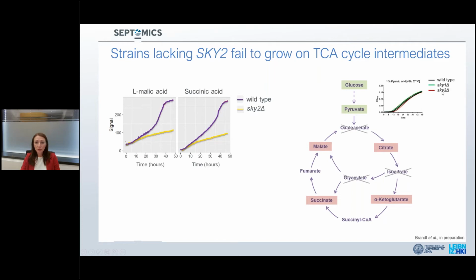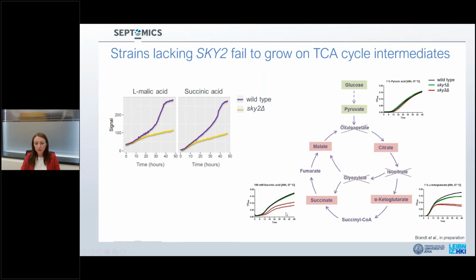For example, SCY1, and in comparison the SCY2 mutant strains, could grow normally on pyruvate and glucose as carbon sources. However, as soon as we enter the TCA cycle, we noted that the SCY2 mutants, of which we used duplicates generated independently, both failed to grow on alpha-ketobutyrate, compared to normal growth for the wild type and the SCY1 mutant.